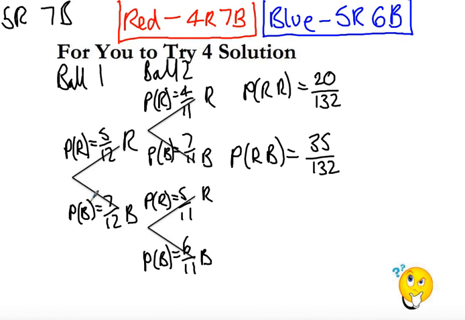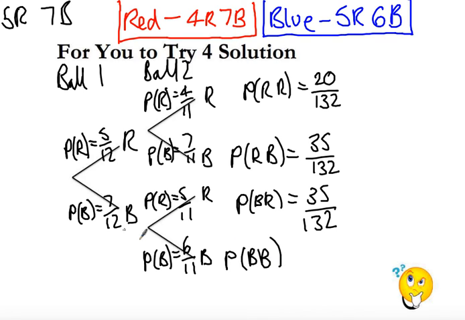And then probability of a blue and a red is 7 twelfths times 5 elevenths, that's also 35 over 132. And finally, probability of a blue and a blue is 7 twelfths times 6 elevenths, which is 42 over 132.